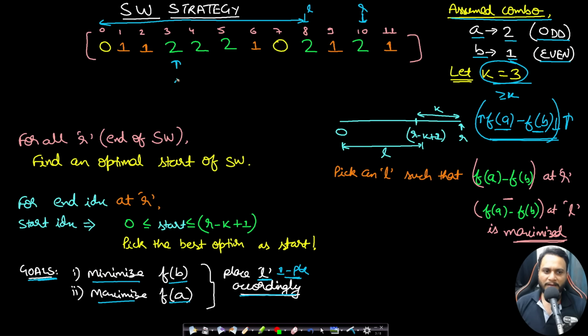So if L was present at 3, what I was interested in is the count of 2 in the range of 3 to 10. To get the count of 2 in the range of 3 to 10 more optimally, you should think about the prefix sum, maintaining the count of 2 at any particular index, isn't it?